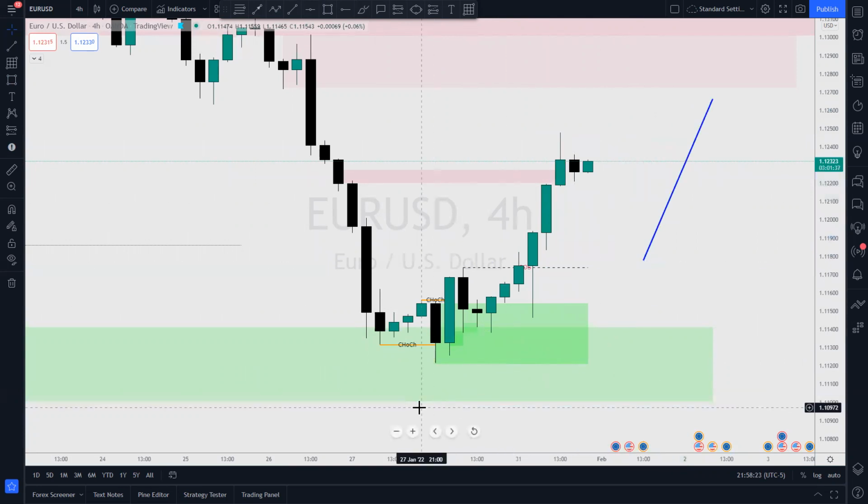This is the way we wanted it. It gave us this change of character here. Once it broke that high, price made the low, pulled back, made a lower low, and then broke that high. That's not a change of structure, that's a change of character. It shows the shift from bearish to bullish momentum, as I explained in the previous forecast video.